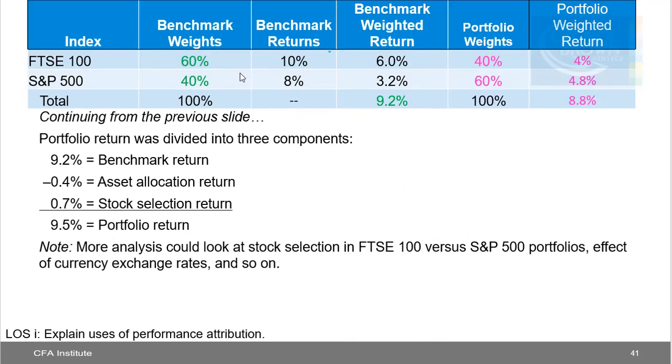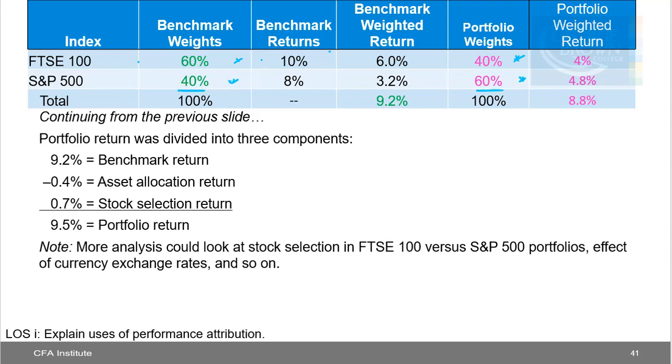So again, just following from the previous slide, there was a benchmark that is weighted 60% in the FTSE 100, 40% in the S&P 500, but then you had an active portfolio that took a different weighting decision and was weighted 40% in the FTSE 100 and 60% in the S&P 500.